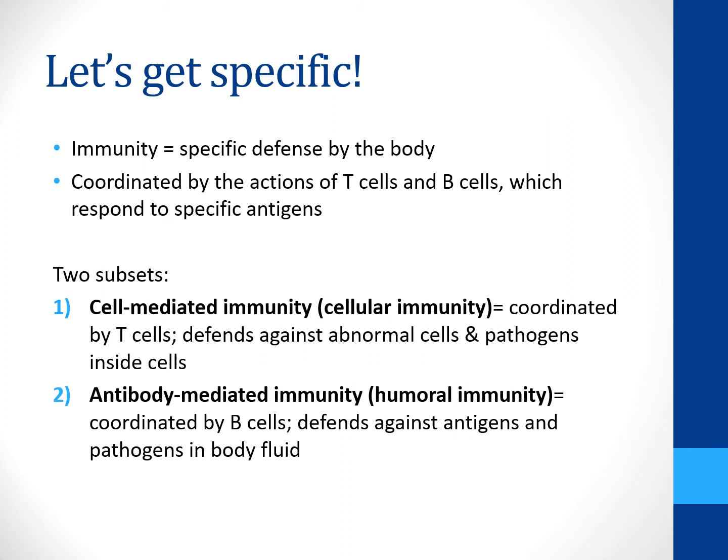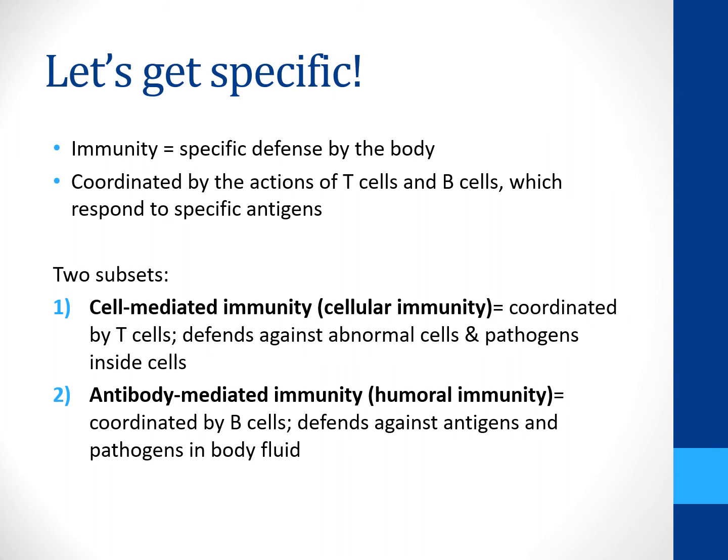All of the non-specific things are going to react to any pathogen that enters the body. Specific immunity is reacting to a specific antigen, and you need to have receptors on the cells for that specific antigen.